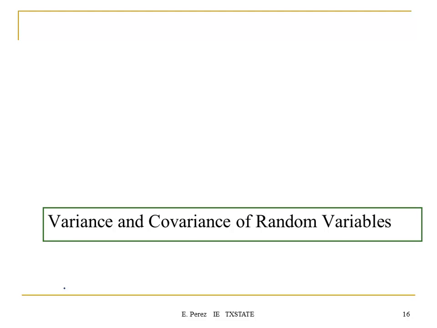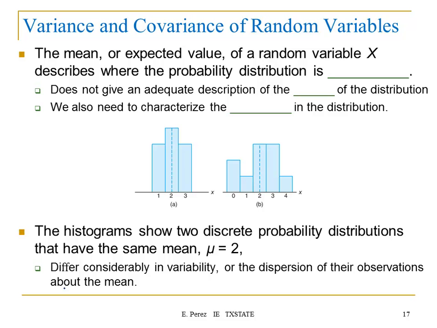Again, you remember that at the beginning of the course, one of the things we did was to discuss how to get the sample mean, the median, and the variance for a sample. Now we are using those concepts for random variables. So let's start by discussing what a variance is.